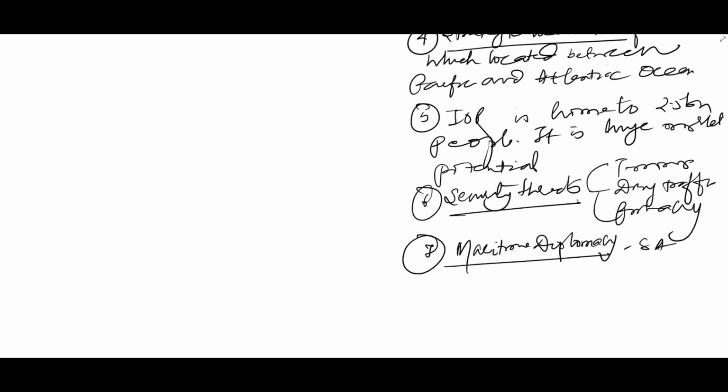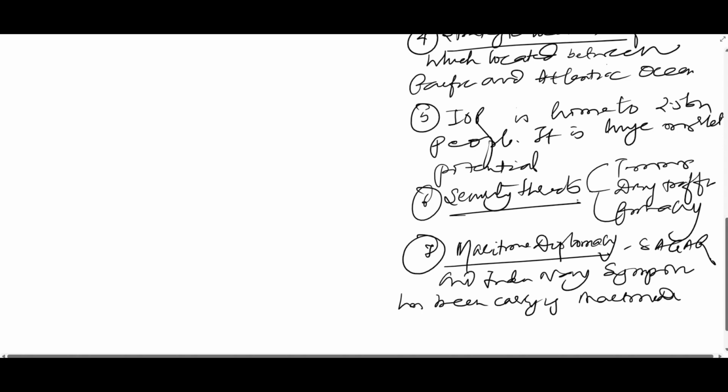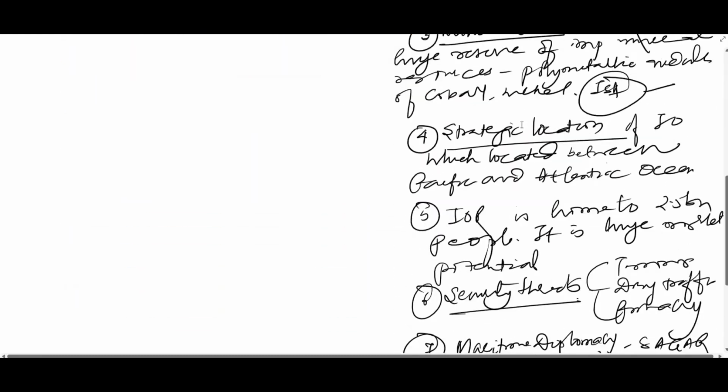So India, through its Sagar initiative and Indian Navy Symposium, has been carrying out maritime diplomacy. We can talk about exercises, the Malabar exercise. So 7 points, I believe, are more than enough.